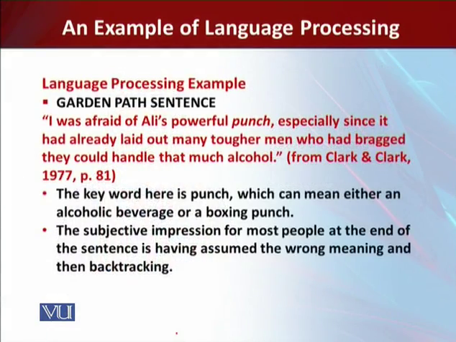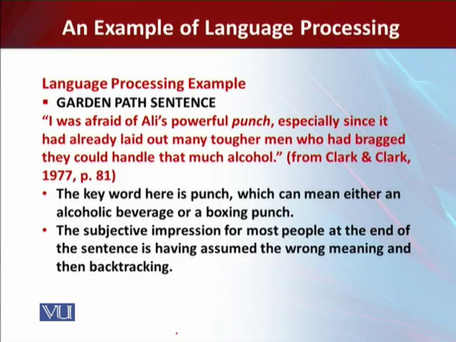So just to give you an example in the light of all those points that we have discussed, now look at the example which is basically a garden path sentence. What is a garden path sentence? A garden path sentence is a sentence that is temporarily ambiguous or confusing.